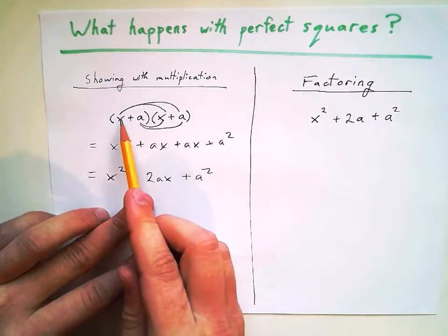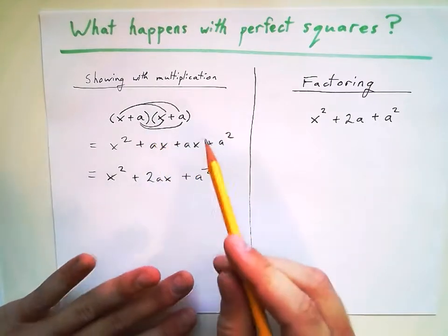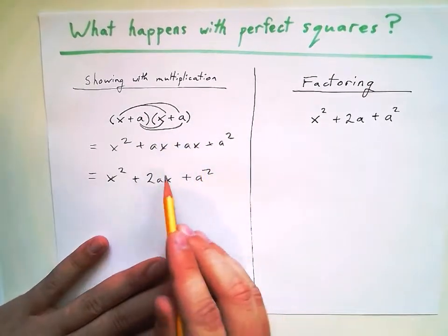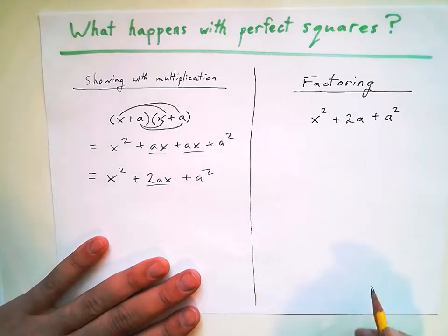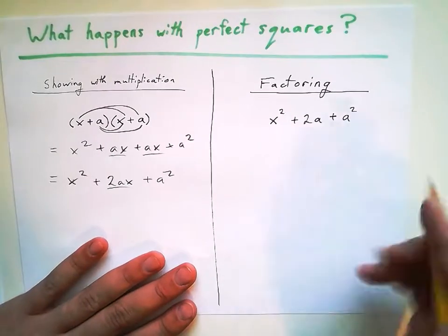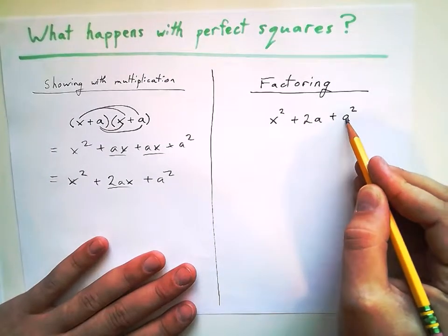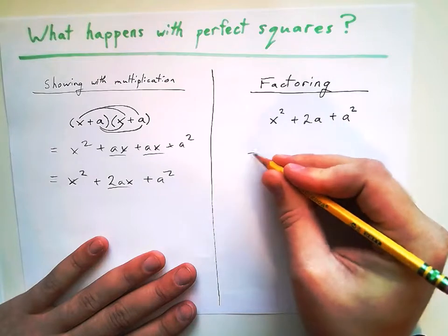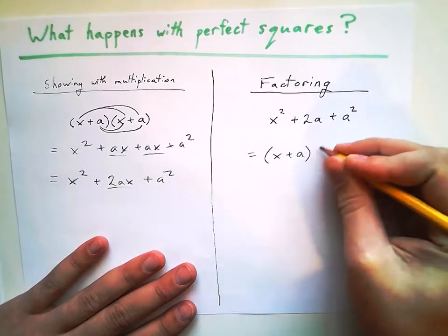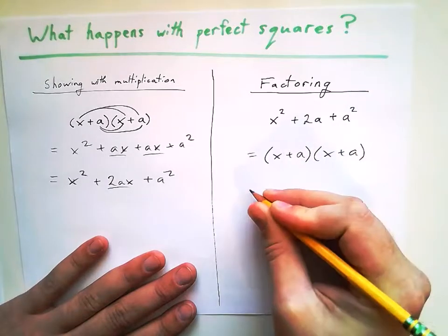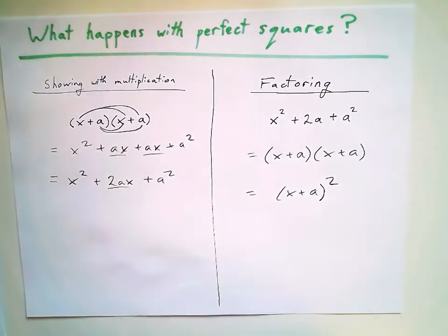So when you have a perfect square, instead of canceling out, those two terms add together. So whenever you see x squared plus 2 times a number plus that number squared, you can say, oh, that's just x plus a times x plus a, or x plus a squared.